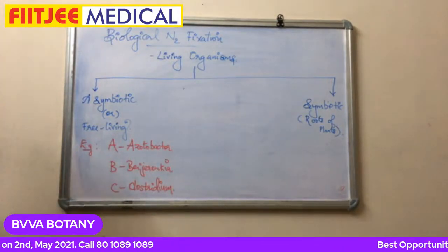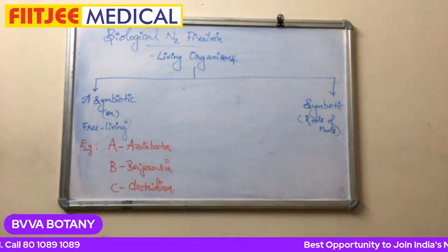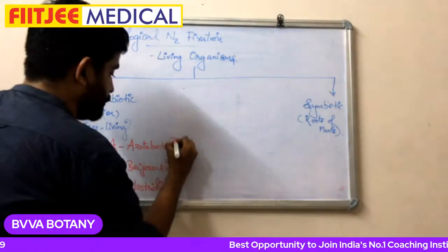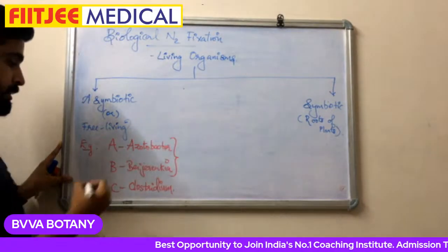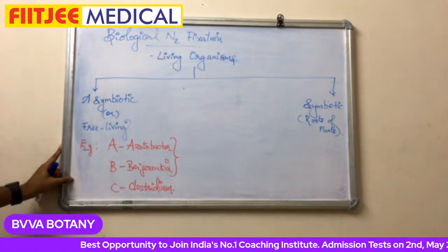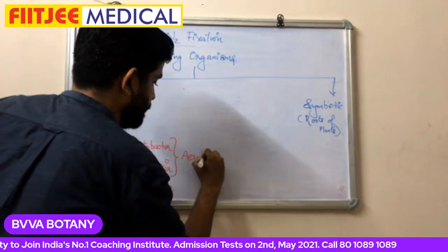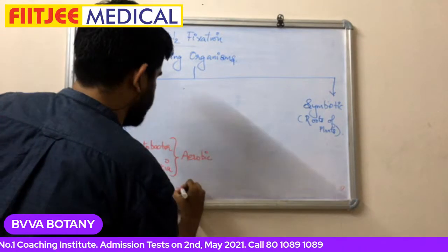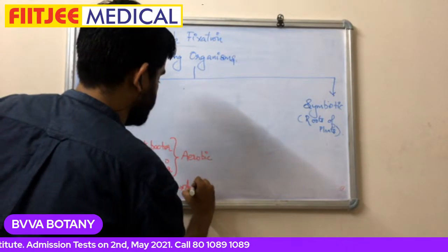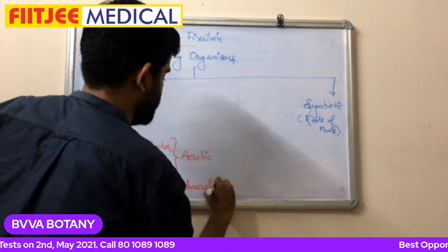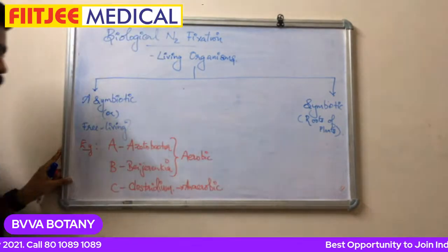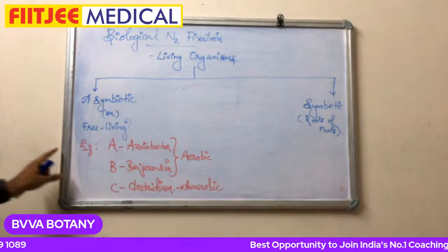Now, in this, the first two, Azotobacter and Beijerinckia, are aerobic. And Clostridium is anaerobic.